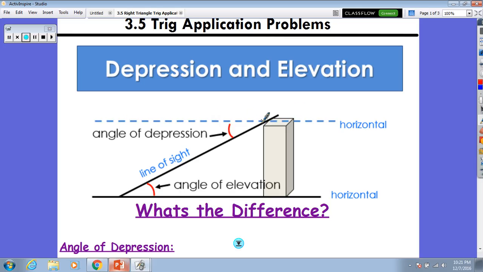Depression means that the line that is not horizontal is going down, like you see me trying to trace this one right here. So the angle ends up on the top because we're looking at it going down. So anytime you see the line going down with the flat surface at the top, then you know this is going to be an angle of depression.